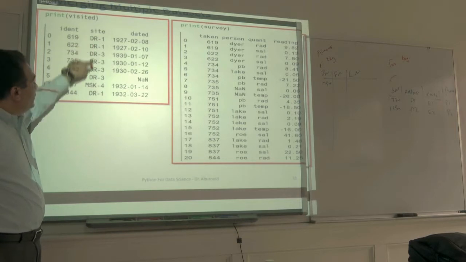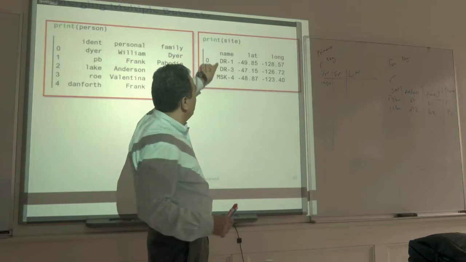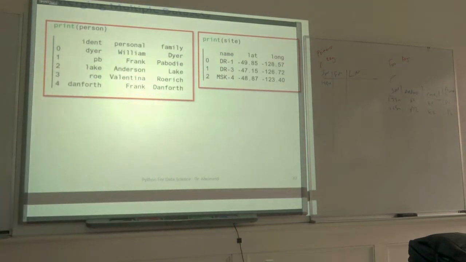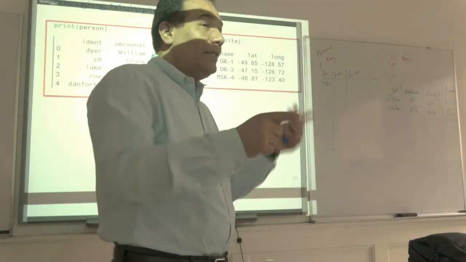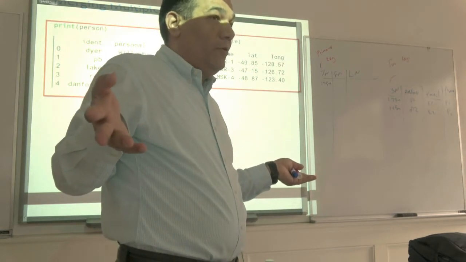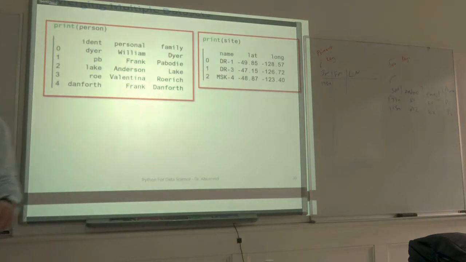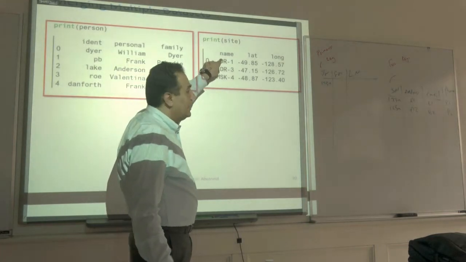Notice that site is the same information and the name is the same information, DR1, DR3, right? So you're going to join them, because if you need to join two tables, you have to have at least one column in common. What is the common column? In the site table we call it name.